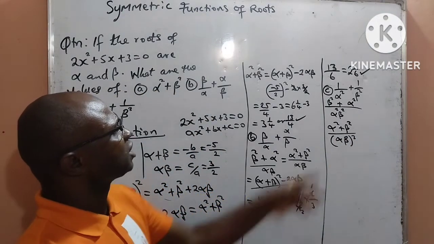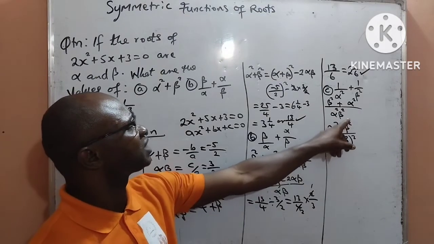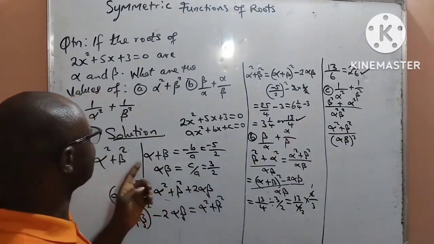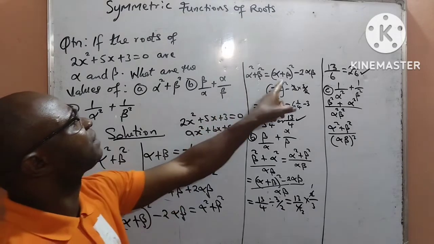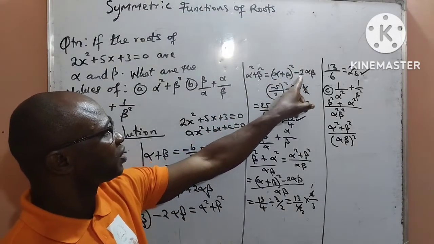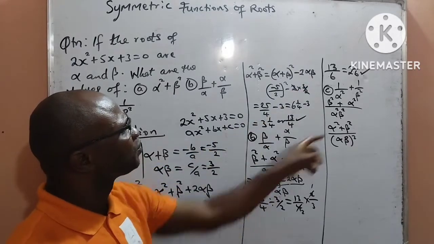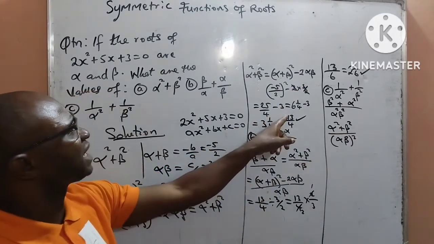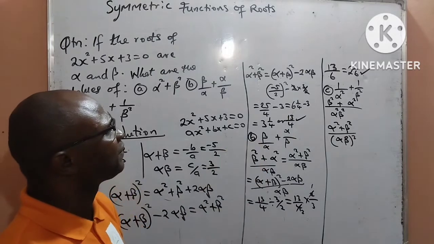Also, if I wish to expand this alpha squared plus beta squared to be exactly like I did in number A, at the end of the day, my result shall be alpha plus beta all squared minus 2 alpha beta. But then, the result I will get is exactly what I got here, which is 13 all over 4.